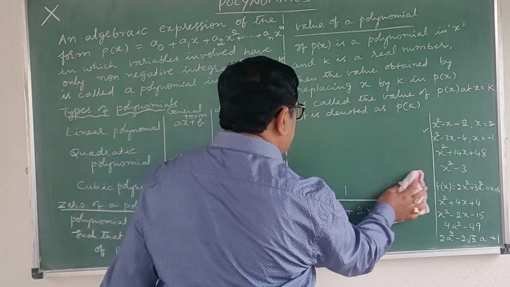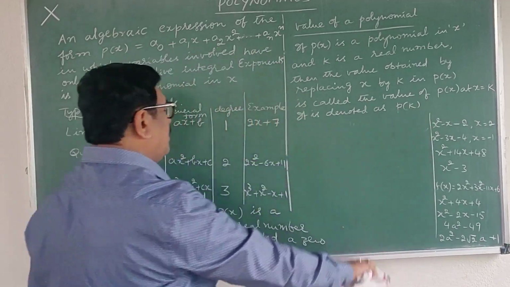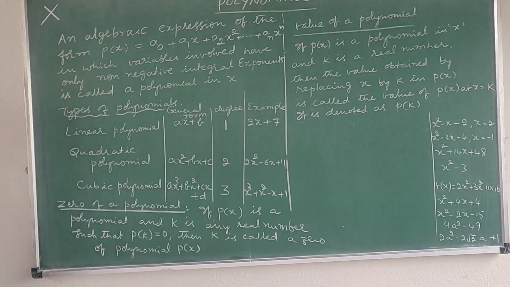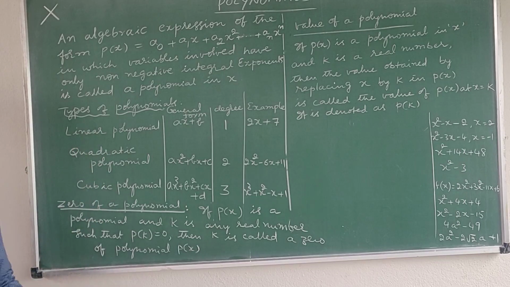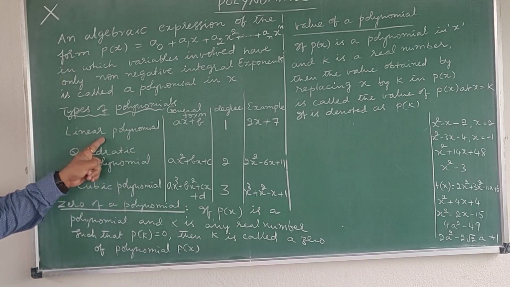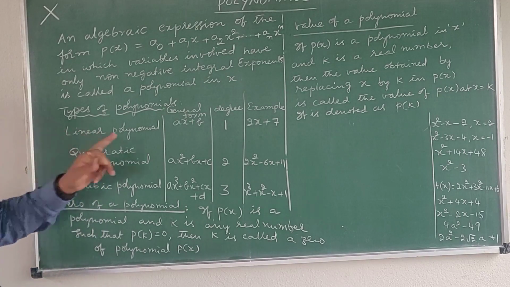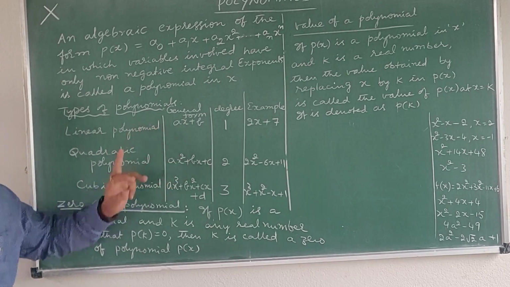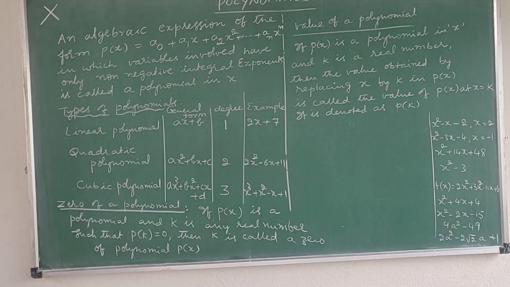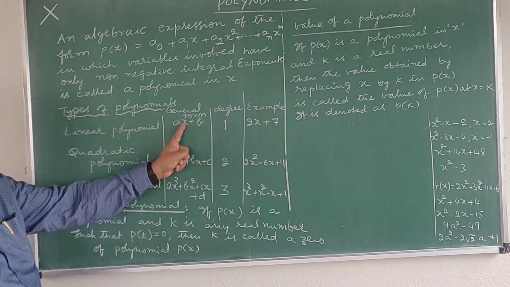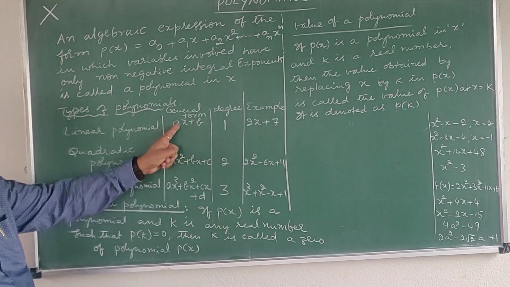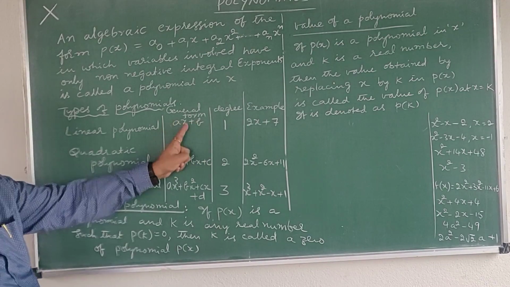Now, what are the different types of polynomials we come across? At least we shall remember these three types. One is the linear polynomial. A linear polynomial is of the form ax plus b. This is the general form of a linear polynomial. x is the variable, a is the coefficient of x, b is a constant.